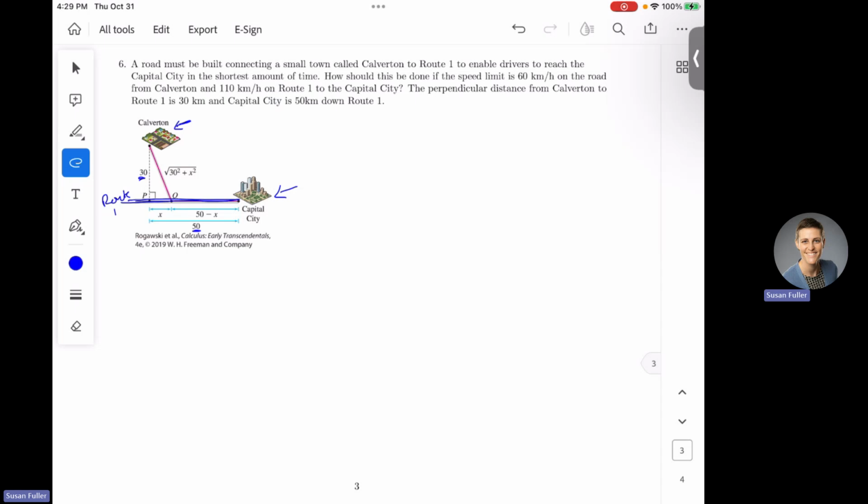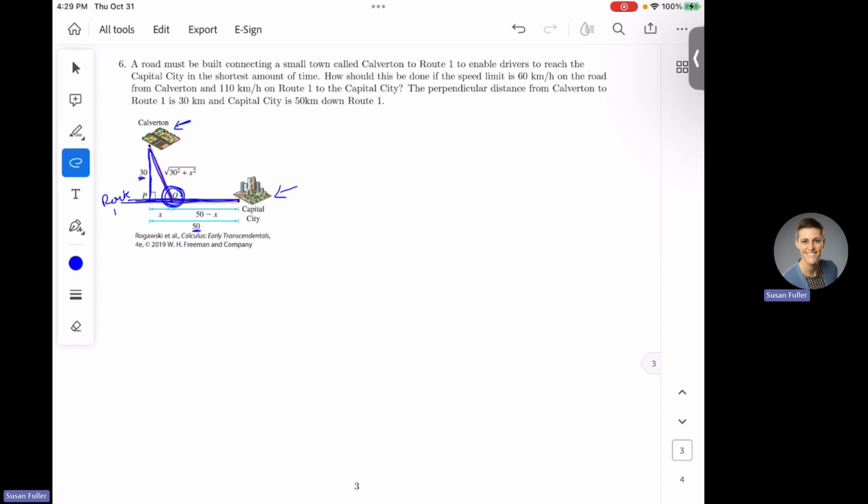And we are trying to build a new road, which is going to be this one, to connect Calverton to the capital city. And we're trying to figure out where this junction, this corner connection should be between these two roads. So this perpendicular distance here is 30 kilometers. This horizontal distance from that perpendicular to the capital city is 50 kilometers.